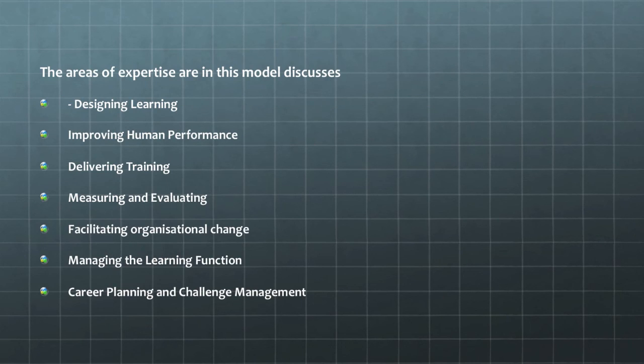The areas of expertise in this model discuss design learning, improving human performance, delivering training, measuring and evaluating, facilitating organizational change, managing the learning function, career planning, and challenge management. Unless one can do all these functions as a HRD professional, there is little chance that the business will achieve its objectives. Thank you.